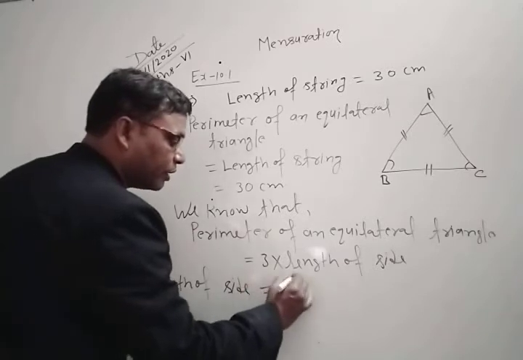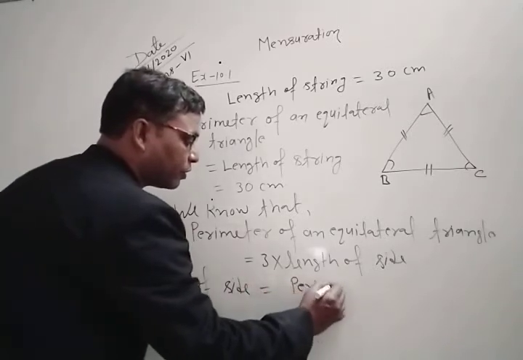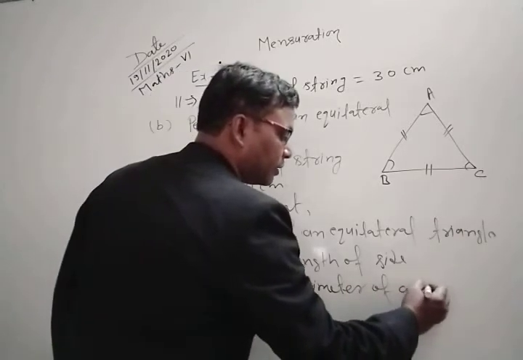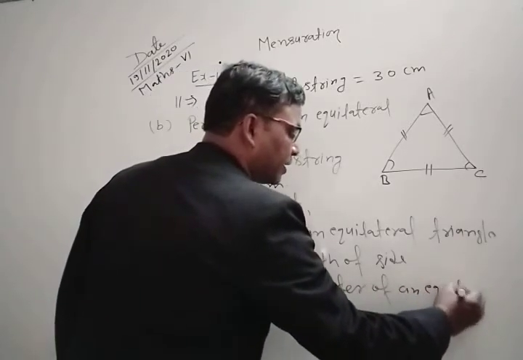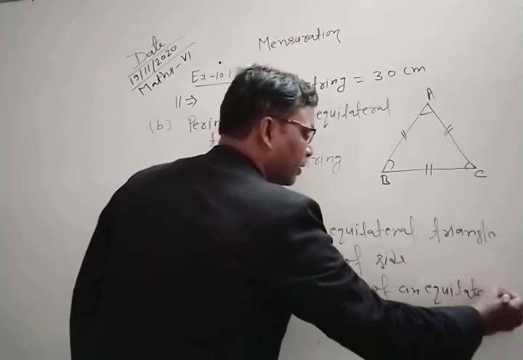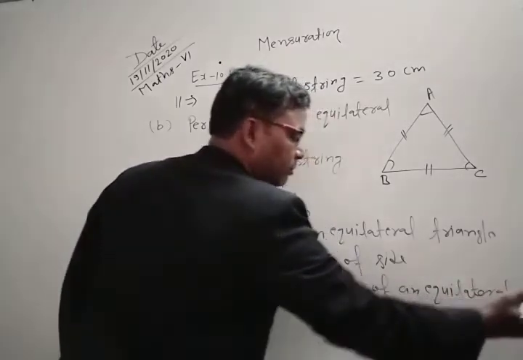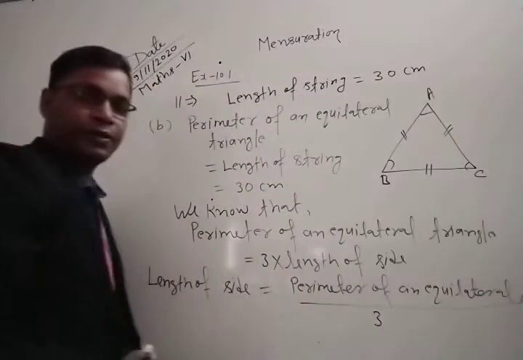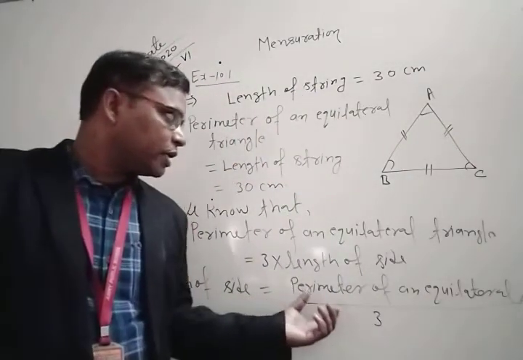is equal to the perimeter of an equilateral triangle divided by 3. So what is the perimeter of the equilateral triangle?